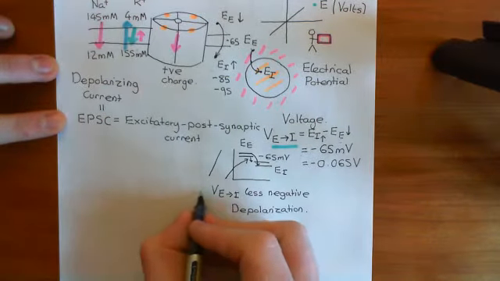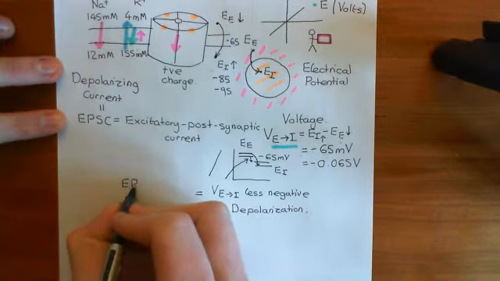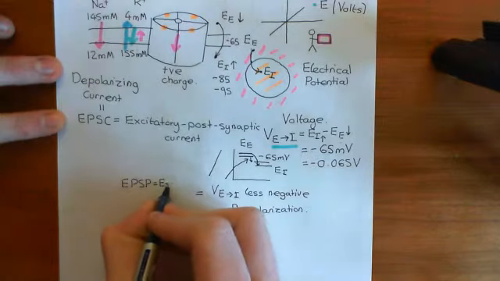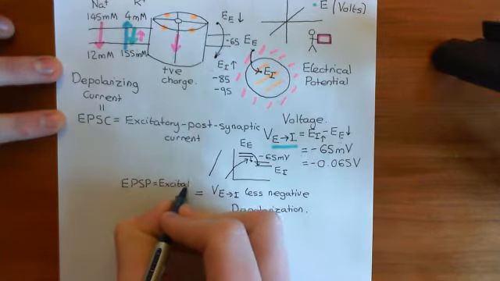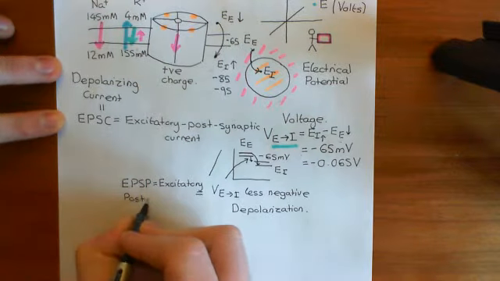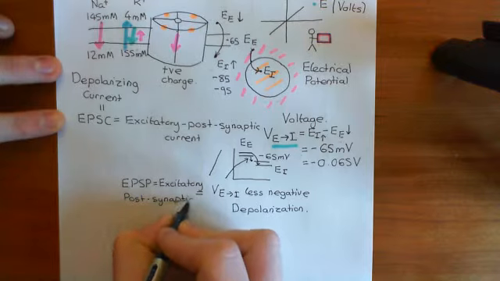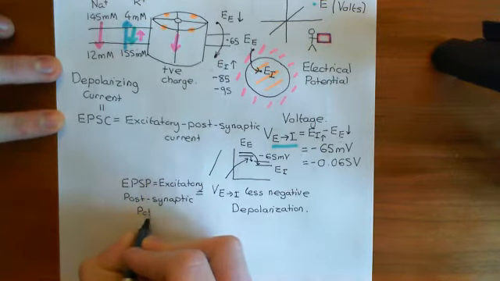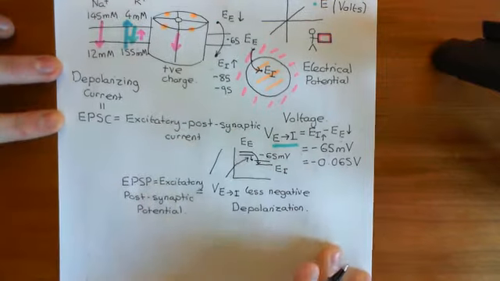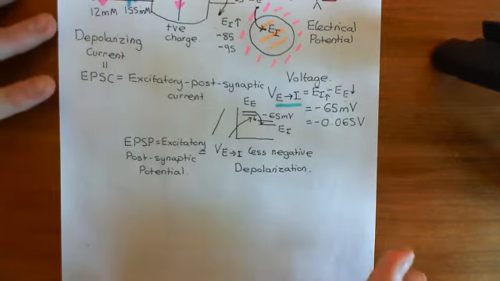This is known as an EPSP, which stands for excitatory, that's the E, and then postsynaptic again, just because we're on the postsynaptic neuron, and then the final P this time is for potential. So the name for this depolarization in the electrical potential difference across the cell membrane due to the opening of these AMPA receptors is the excitatory postsynaptic potential.